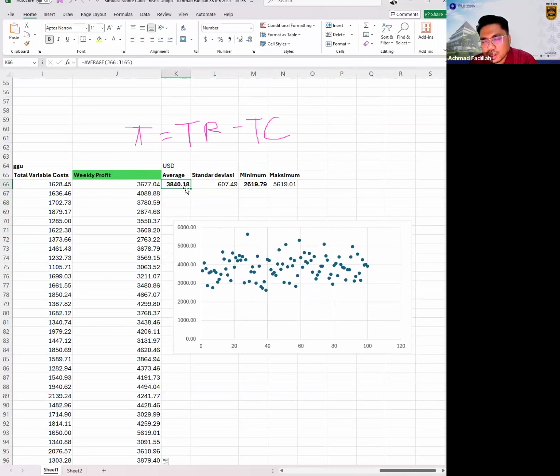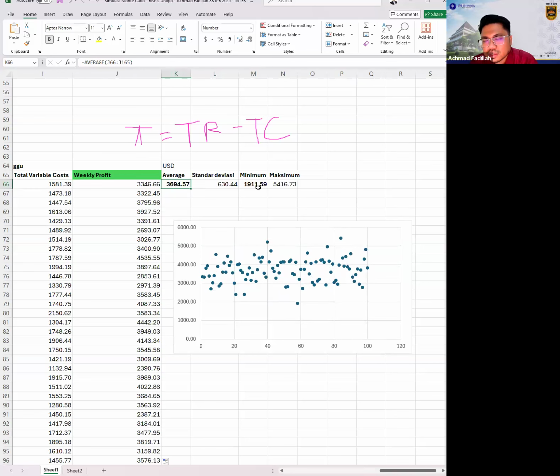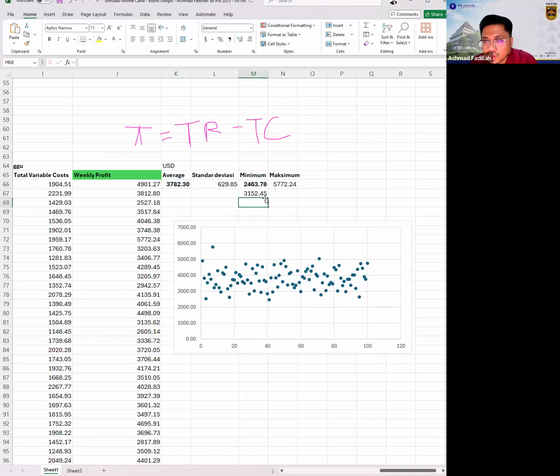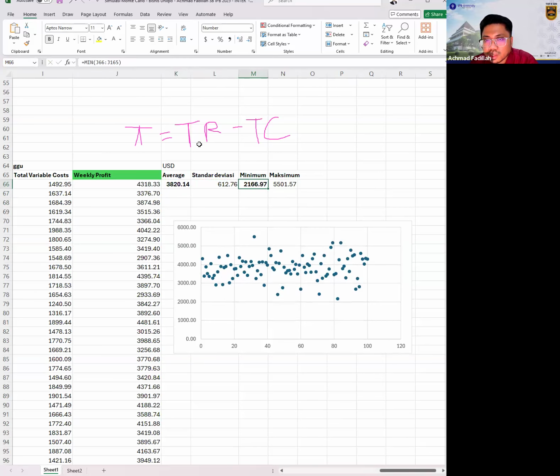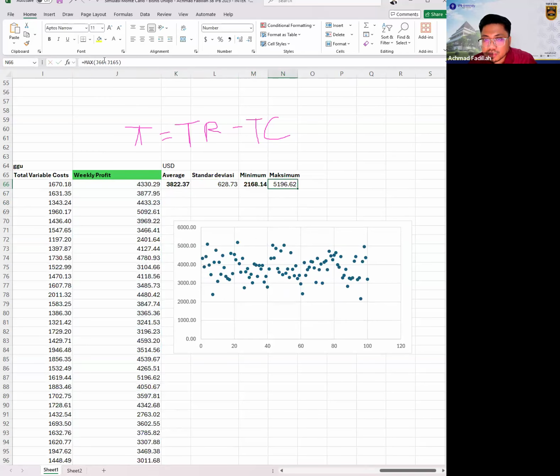It can be higher or lower than this. You can see here the minimum comes from the minimum value of these 100 iterations, and the maximum is the maximum of these.